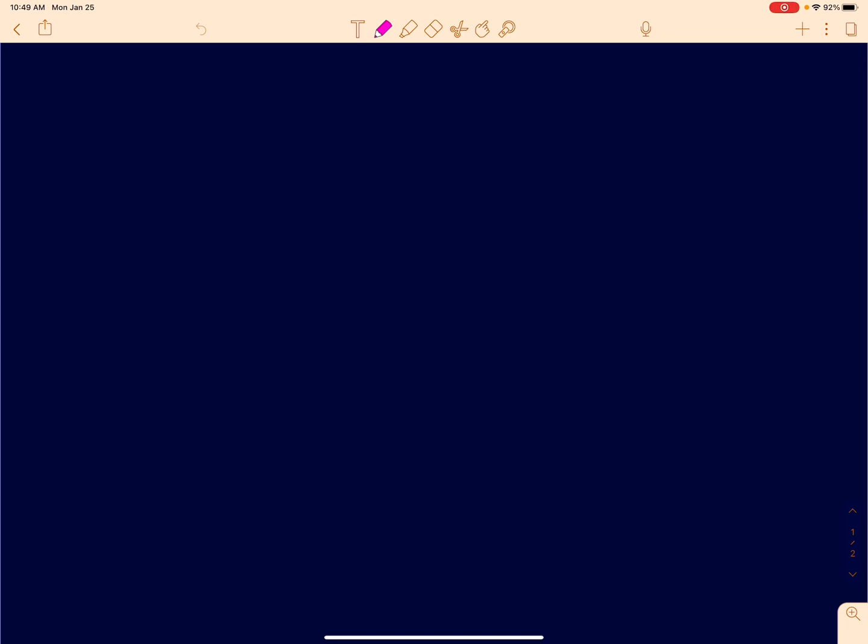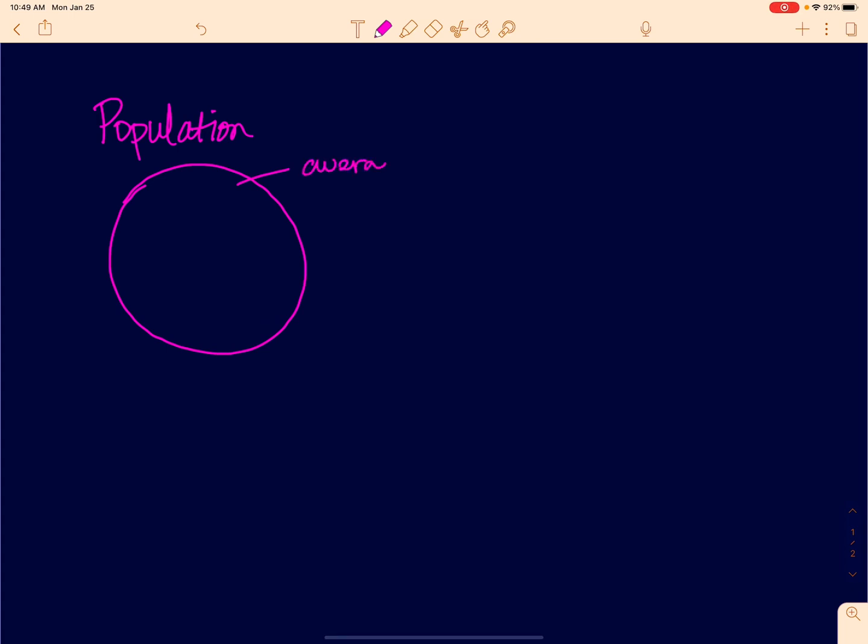I want you to picture a population. From that, we are going to have an average, or a measure of center, if you will. Depending on what we're talking about, categorical or quantitative, it could be an average of something, or a proportion of something that represents the population.